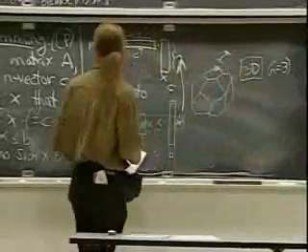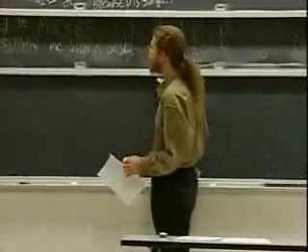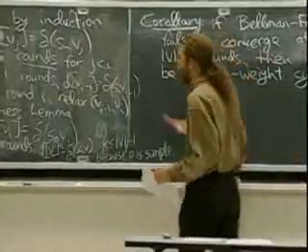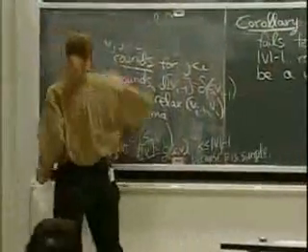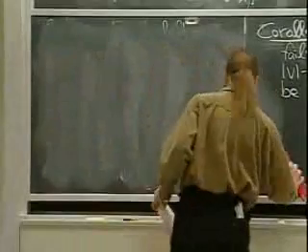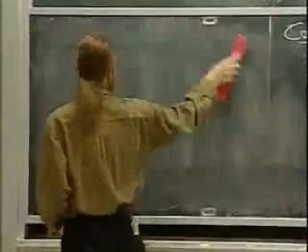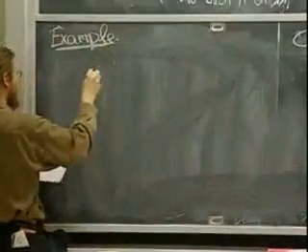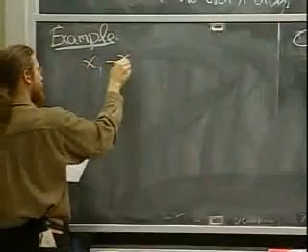Okay, so let's do a very quick example, mainly to have something to point at. Here's a very simple system of difference constraints.